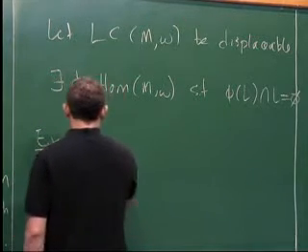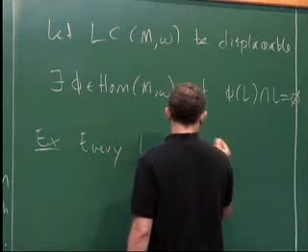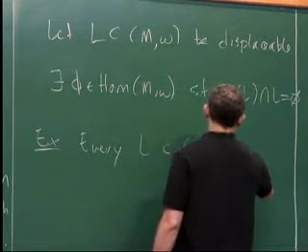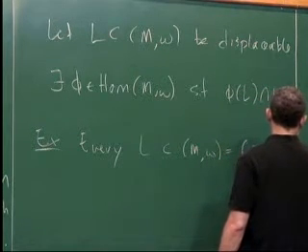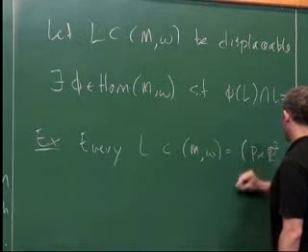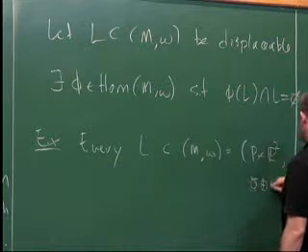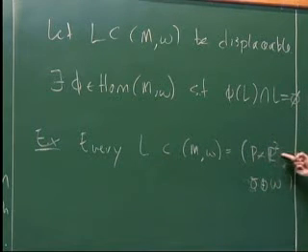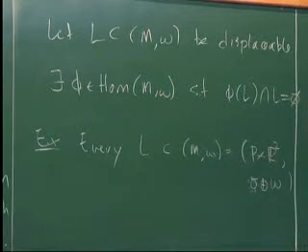Just as a simple example, every Lagrangian submanifold of a symplectic manifold of the form, let's say P cross R^2, where P is another symplectic manifold, let's say with a symplectic form sigma plus a standard form in R^2, as long as you have a factor like this, everything is displaceable. So there are some reasonably interesting examples where every Lagrangian is displaceable.